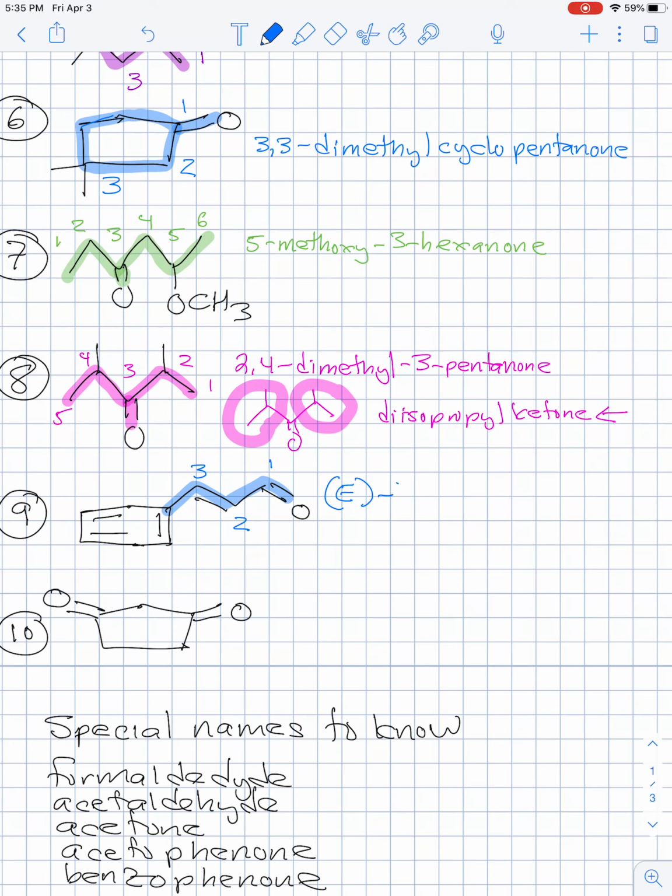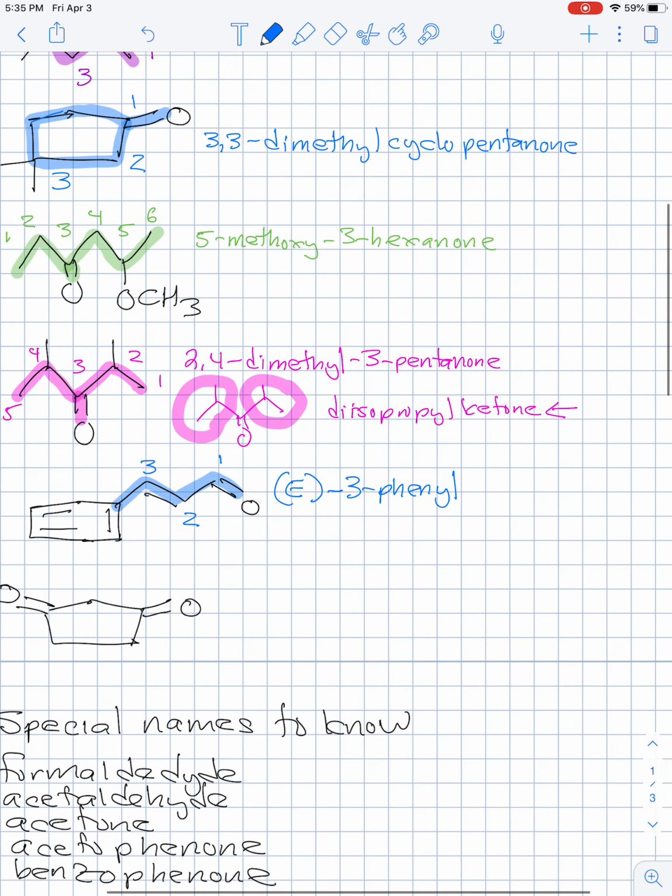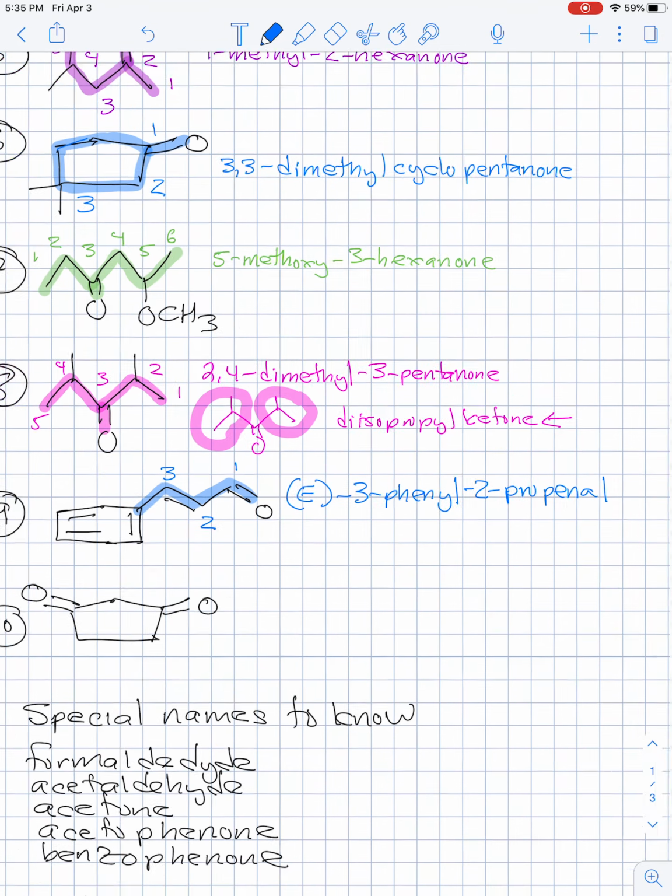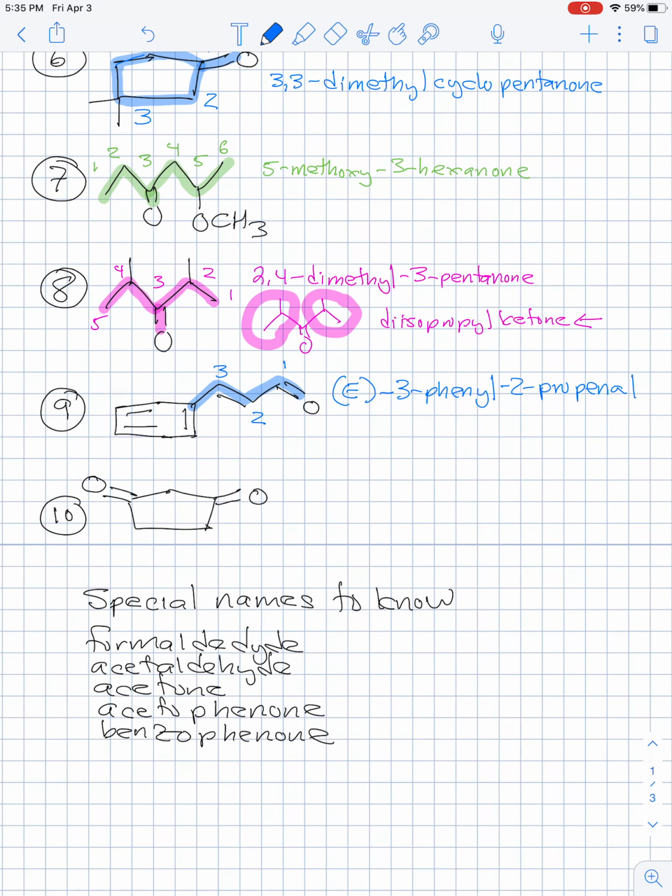So we can stick that in front of the whole mess. And then we have 3-phenyl, which is the substituent name for a benzene ring, 2-propenal. And again, we don't need a number for the aldehyde.